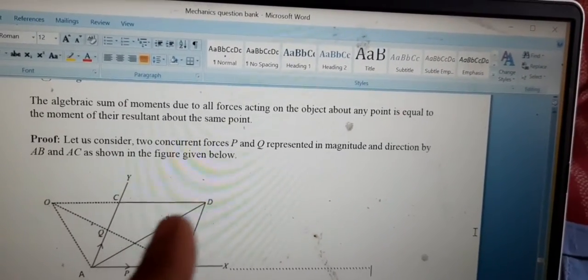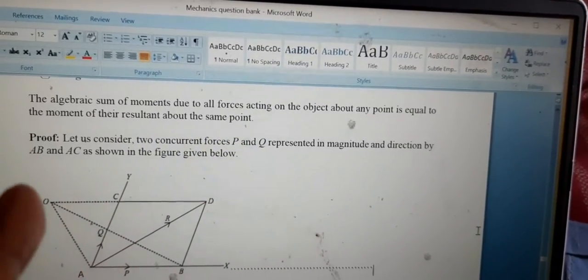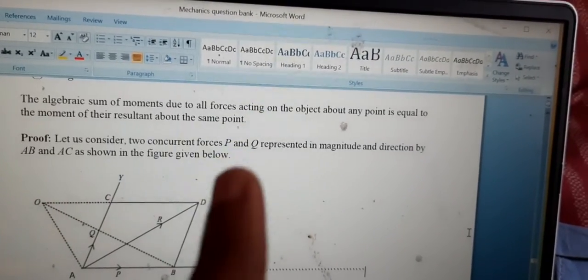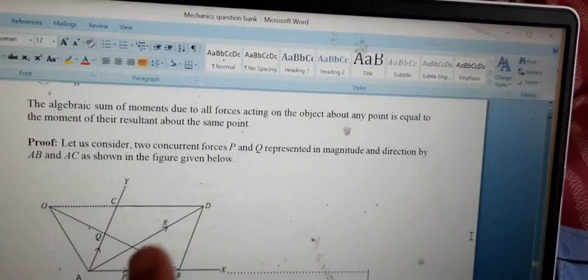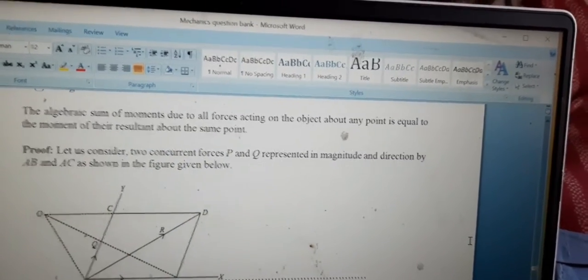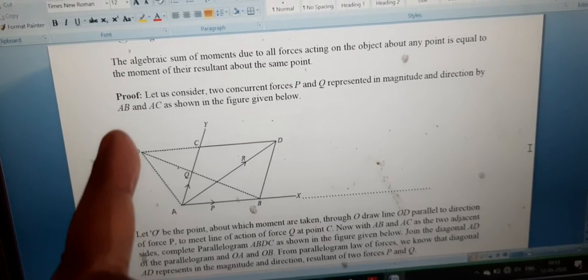Similarly for the resultant, AOD represents the triangle because AD represents its base, that is the resultant force R, and O represents the point about which we are going to calculate the moment.